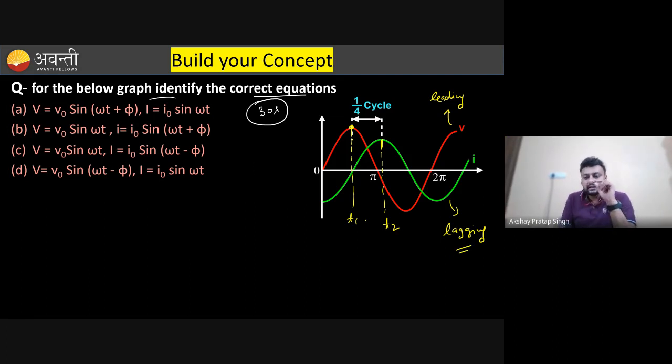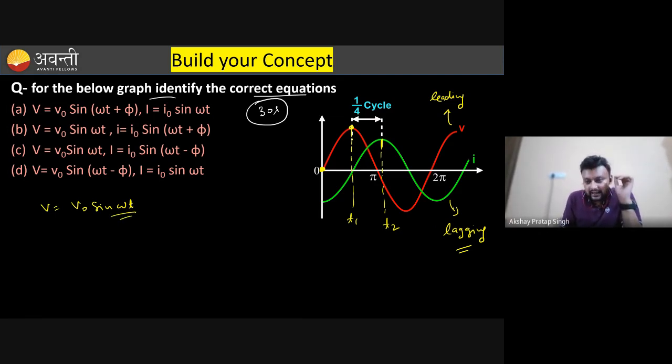Clear? If you look at the graph of potential, it is starting at the origin. And if a sinusoidal graph starts at the origin like this, then it is going to be V equals V naught sine omega t. Note down: if the graph starts at the origin point, then its equation will be sine omega t, nothing more than that.